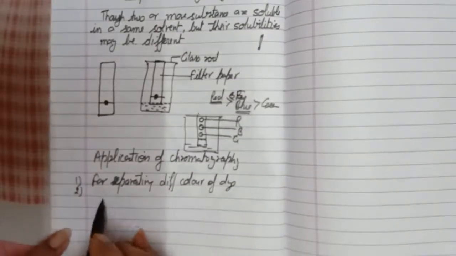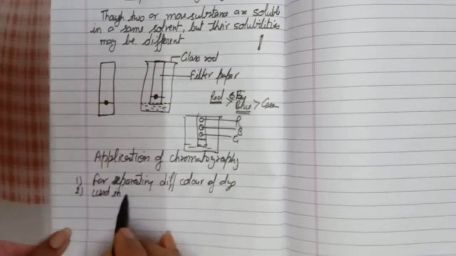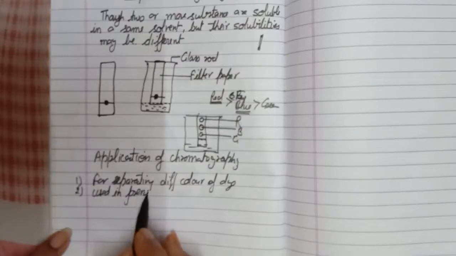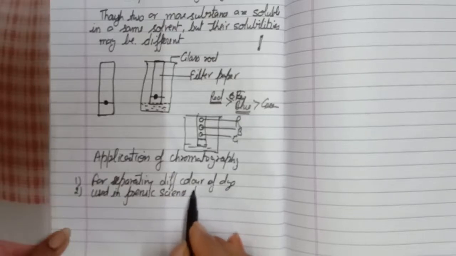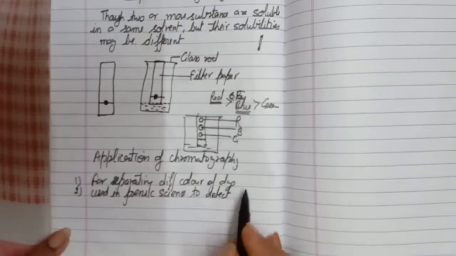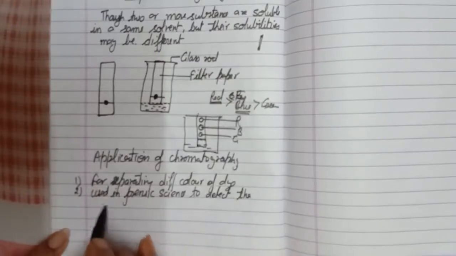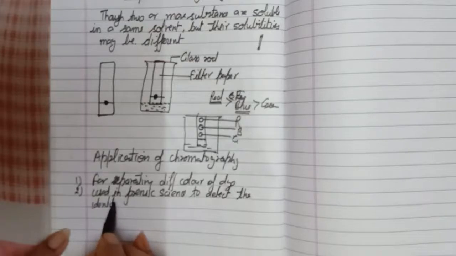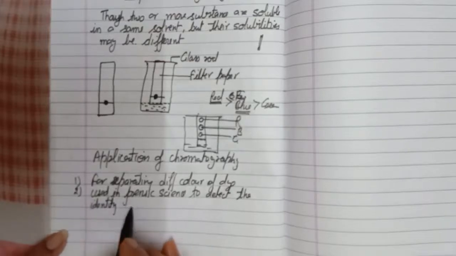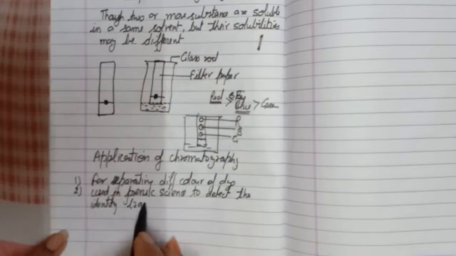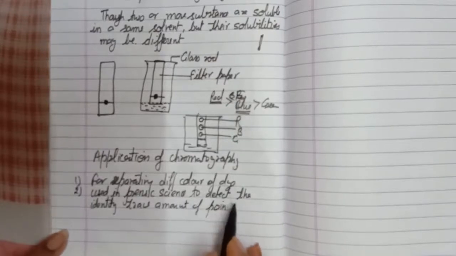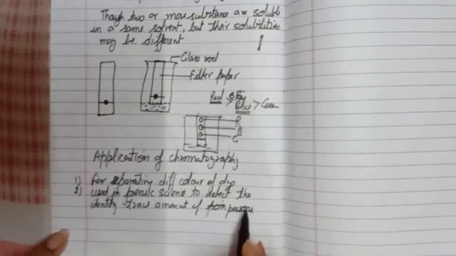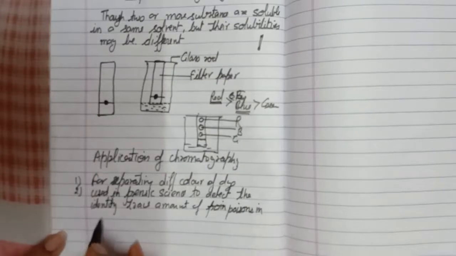So it is used in forensic science to detect and identify trace amounts of poison or other substances, poisons in the stomach or bladder.